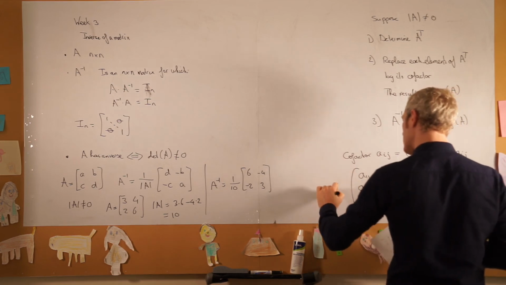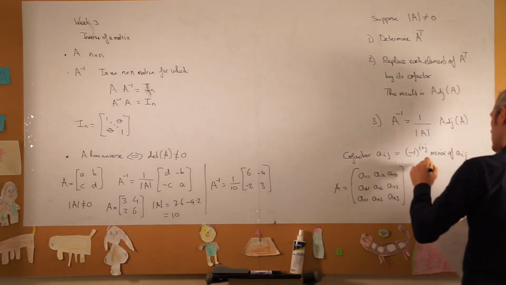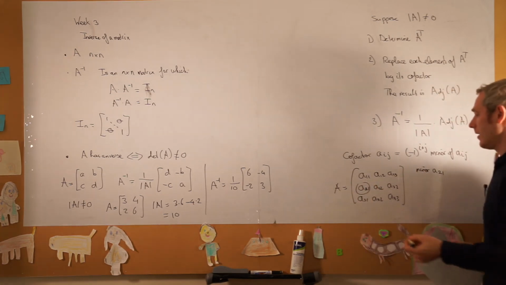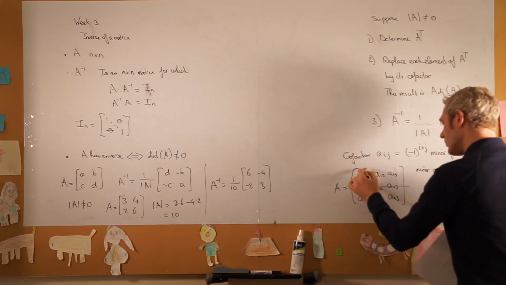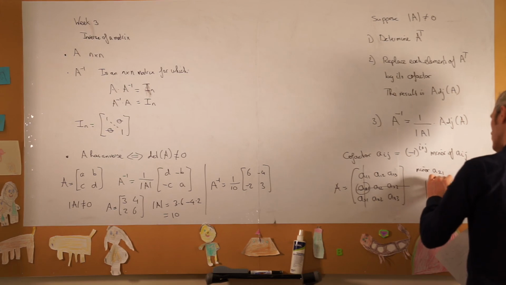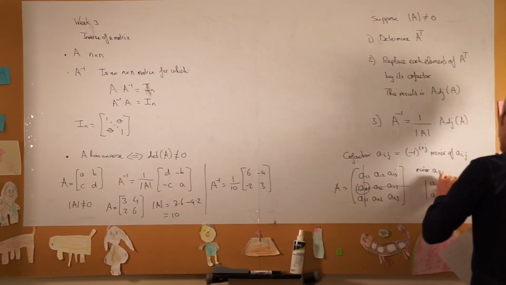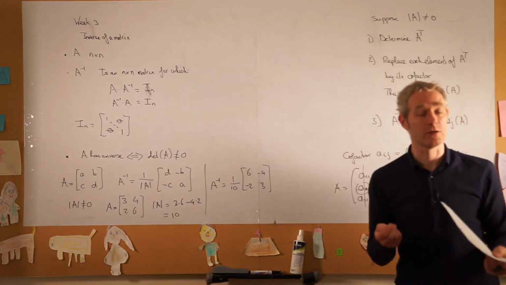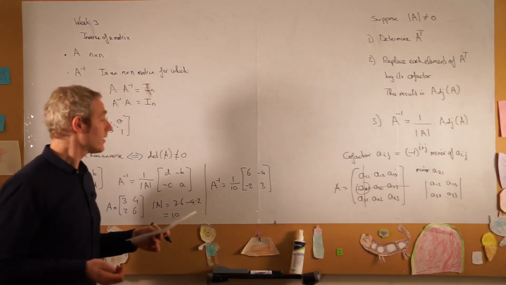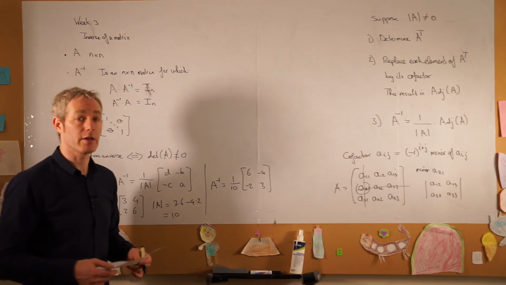If this is our matrix A, then the minor of, for example, a21, so this element, we get by removing row 2, column 1, and we are left with a 2 by 2 determinant a12, a13, a32, and a33. And we know how to calculate the 2 by 2 determinant. So these are the steps and the ingredients, and let's see how that works for an example of a 3 by 3 matrix.